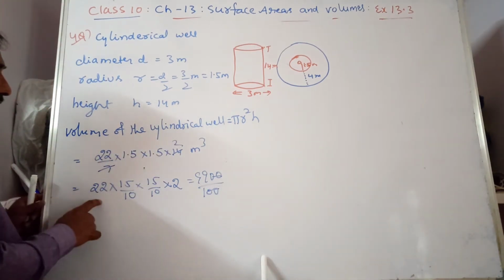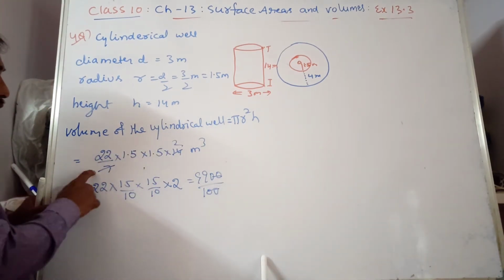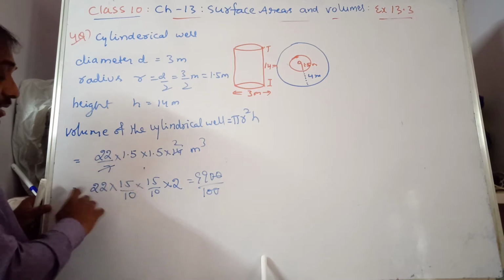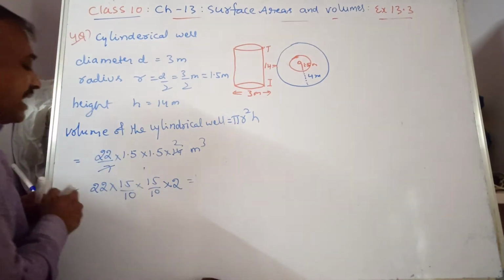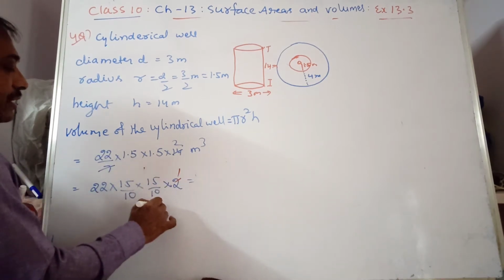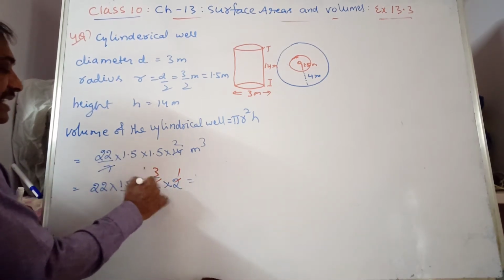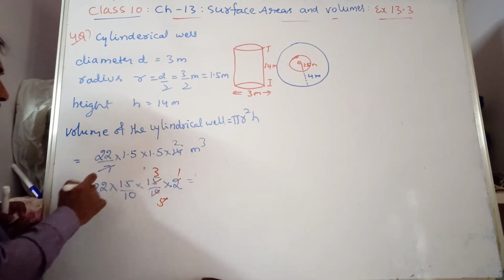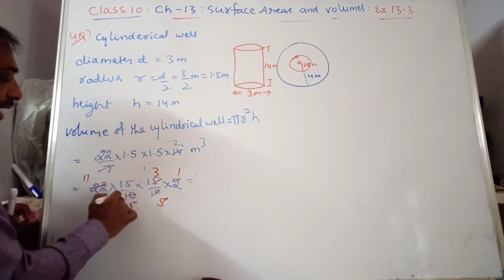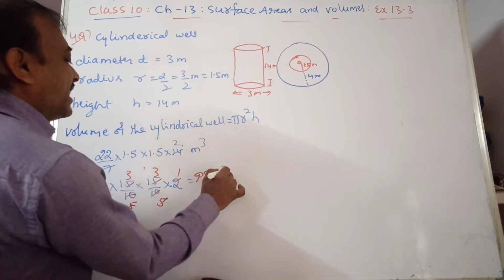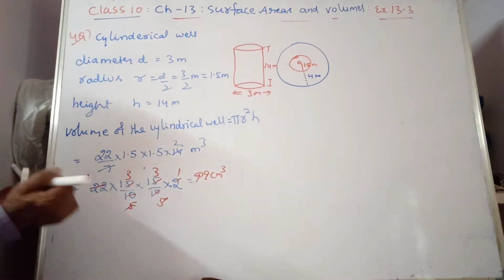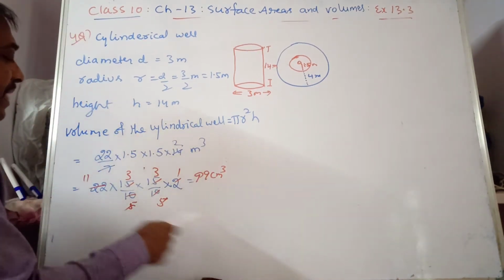That way also you can simplify, a very easy calculation. This is equal to 99 meter cube. However you do the calculation, the answer remains the same, 99 meter cube.